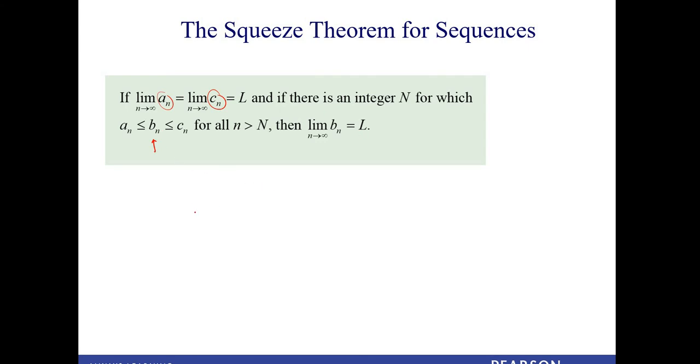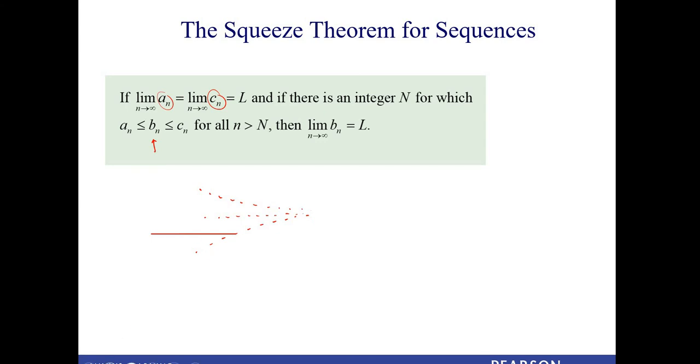If I have a sequence A, and it is approaching a particular value, and I have a sequence C, and it's also approaching this particular value, and if B is always in between the two, then its limit must be the same as the limits of the other two functions.